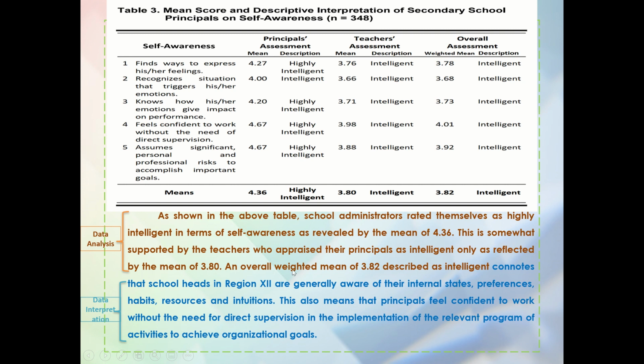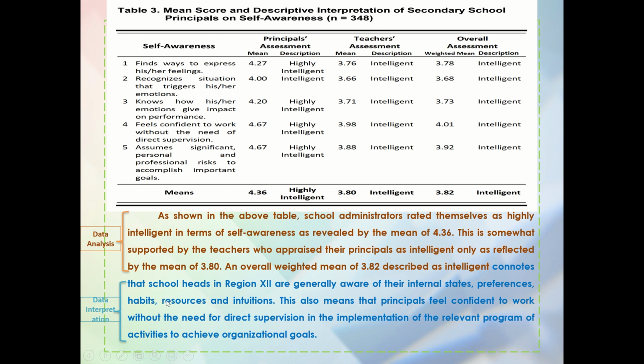So, dito siya nahinto, the overall weighted mean of 3.82 described as intelligent. Connotes, so meaning you are now making inferences. Okay? Nagbibigay ka na ngayon ng iyong parang interpretation of the data.